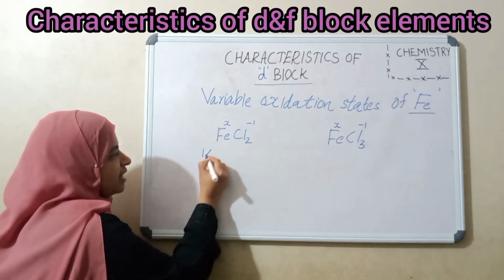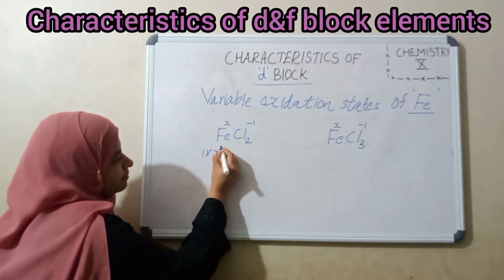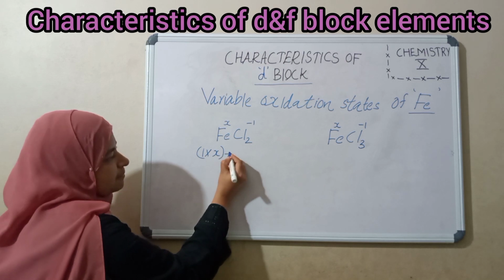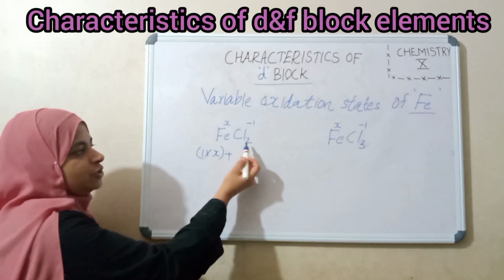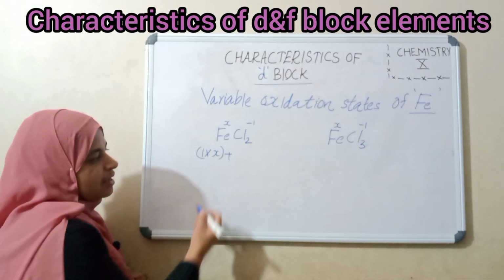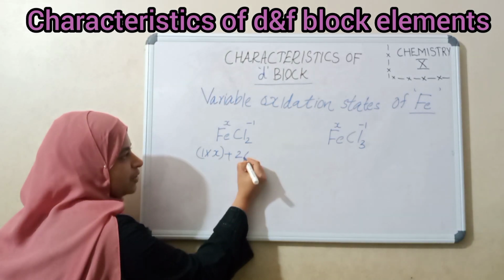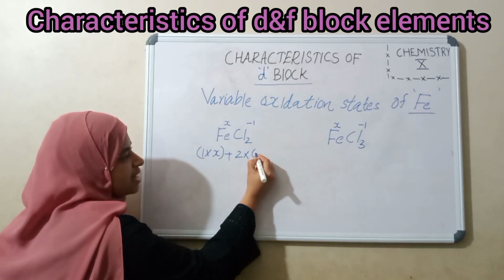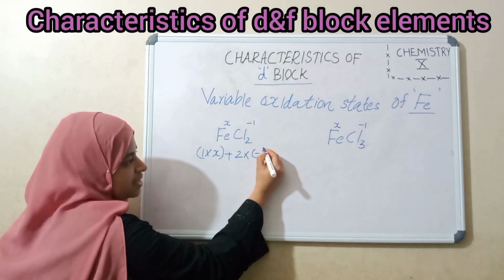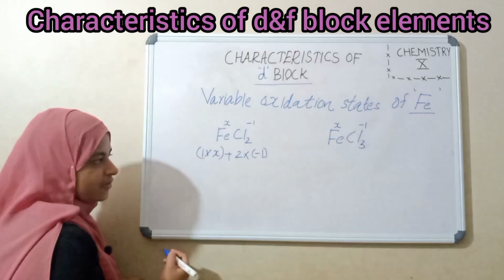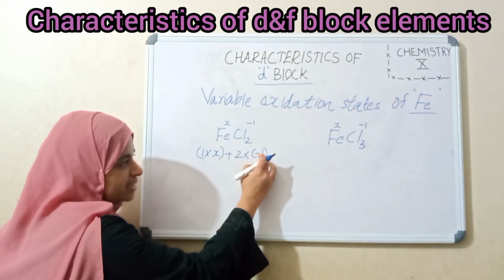Therefore 1 into X, plus 2 atoms of chlorine, therefore 2 into the oxidation state of chlorine, which is -1.